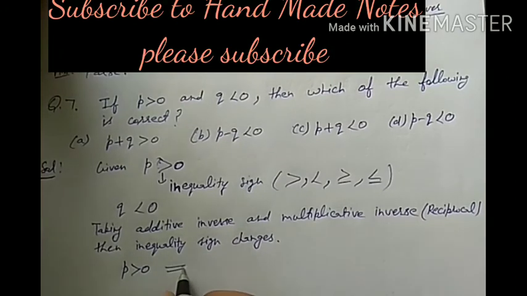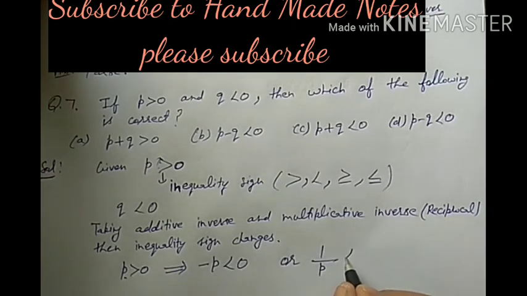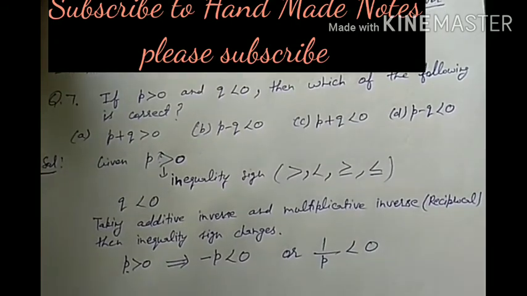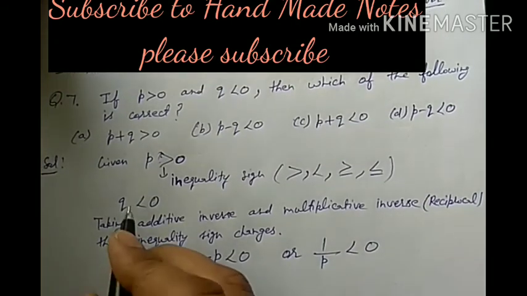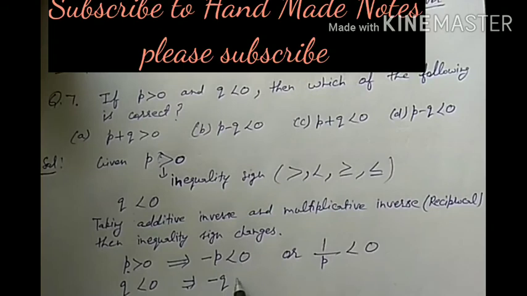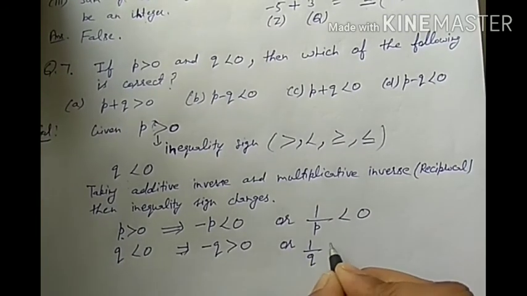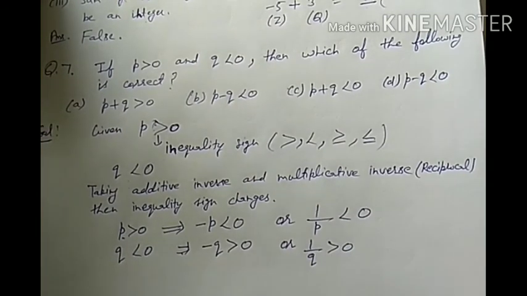If you take additive inverse minus p, then sign will change. Or you take multiplicative inverse, then again sign will change. In second given condition, q less than 0, it implies if you take minus q, then it will become greater than 0, or 1 by q greater than 0.